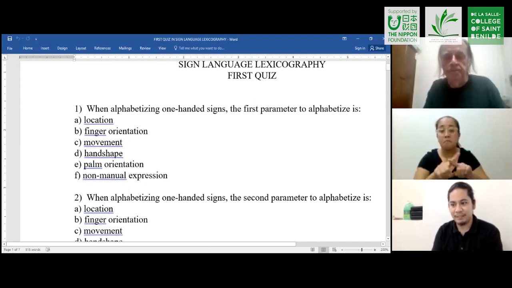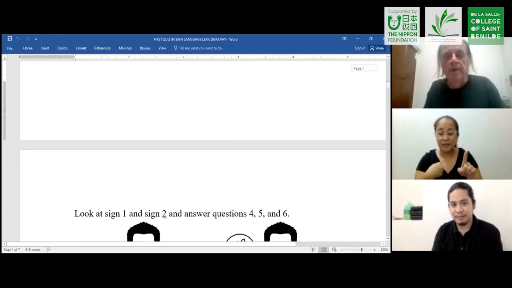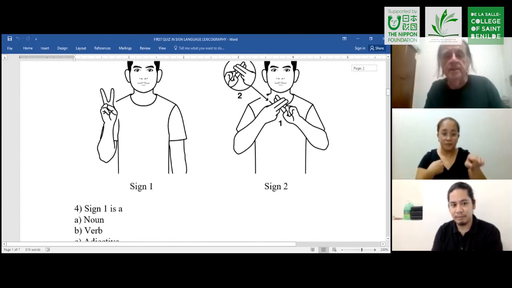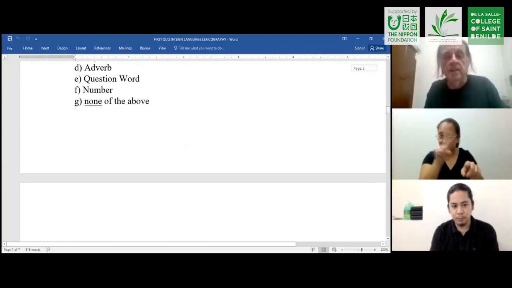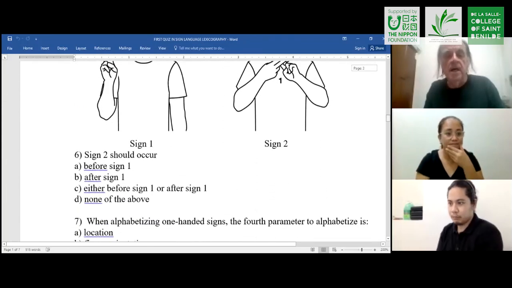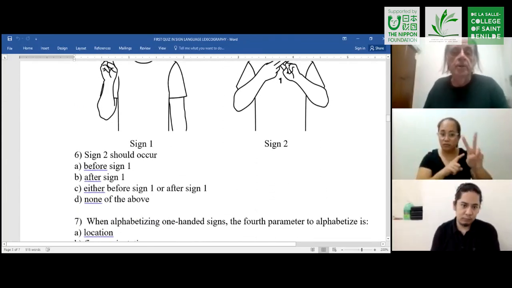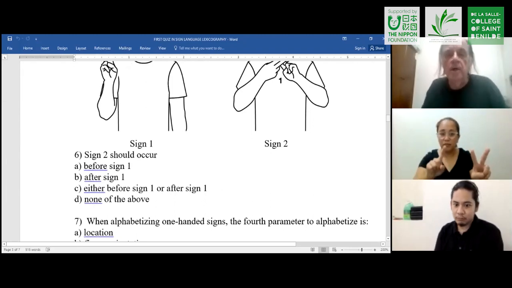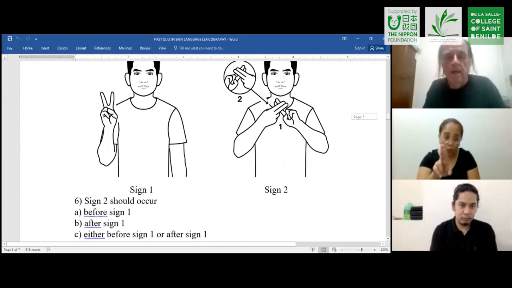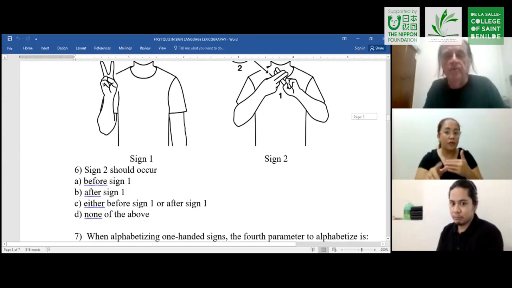However, we will ask questions like: sign 2 should occur before sign 1, or after sign 1, or either before or after.